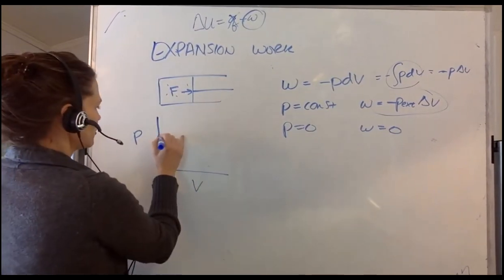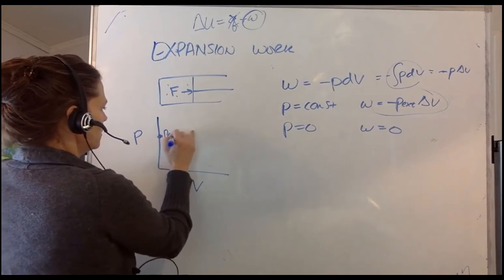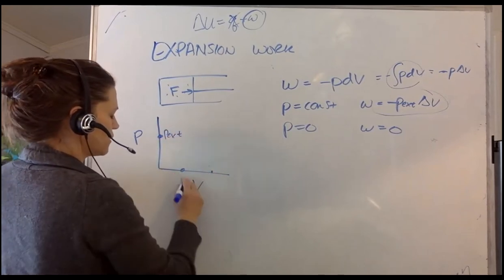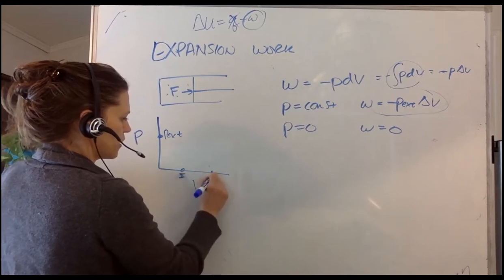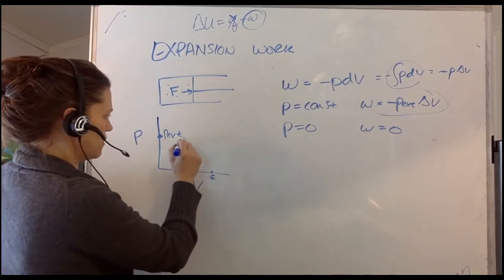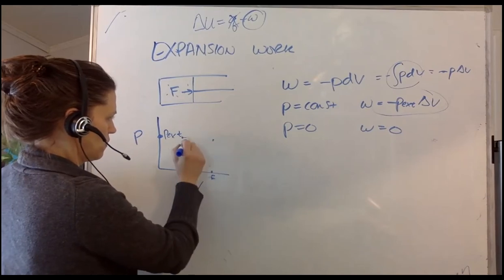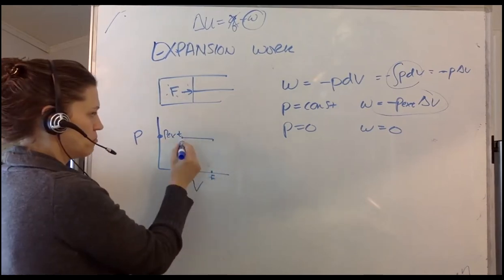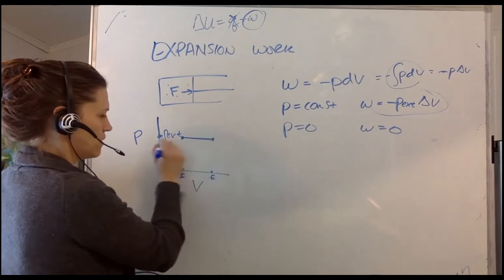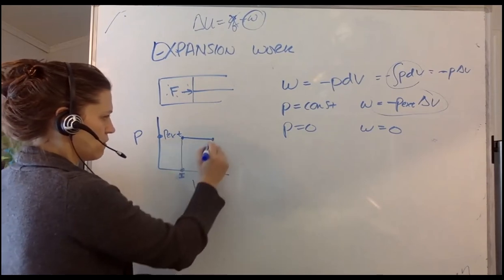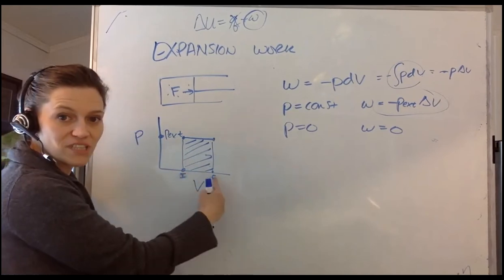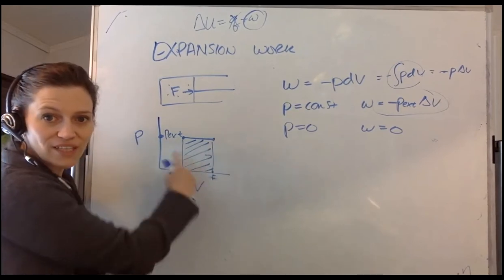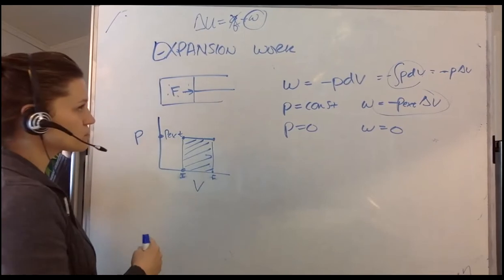Well, if P external is here, and my delta V goes from state initial to final, so we've got an expansion, then that means it's this value, P, times dV. Well, that's just delta V times P. That's just the area under the curve, or the square.